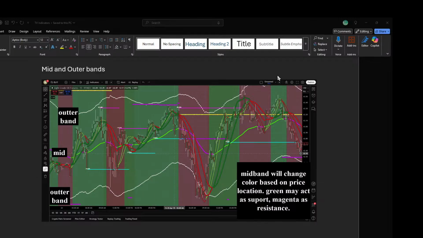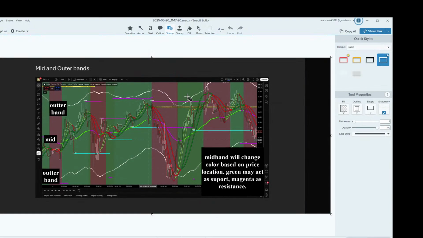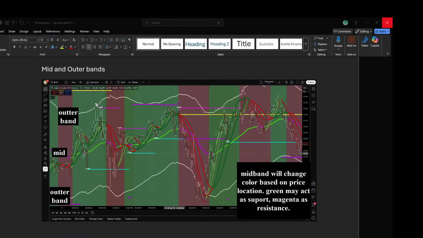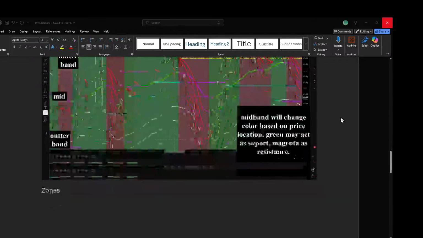What you'll find very often is that they become a great place to take profits, and you can see how often they behave as support or resistance. They're not fibs, they're not supply and demand zones. They're just saying the market's probably tired if it finally gets here. Maybe a good place to be aware of.